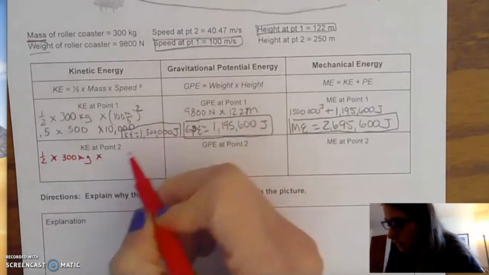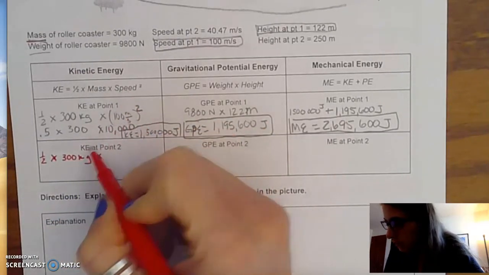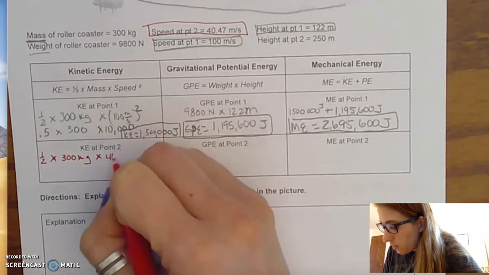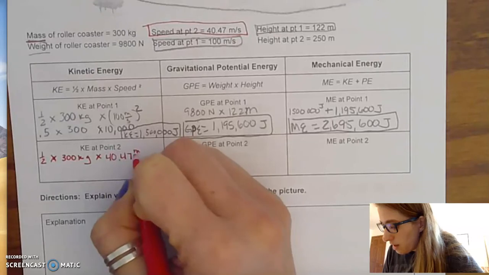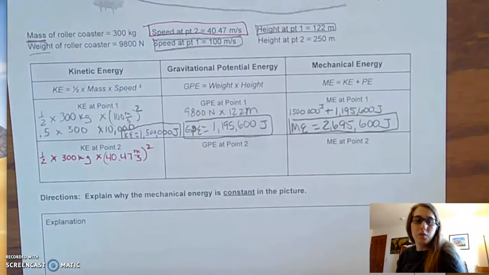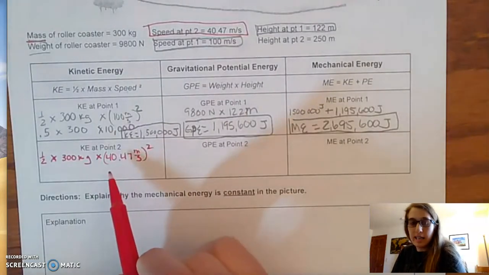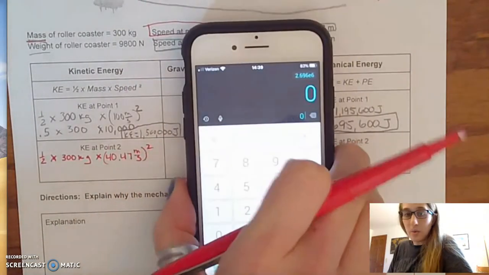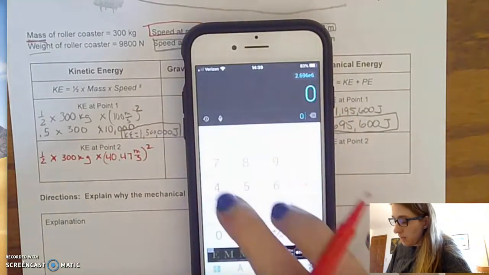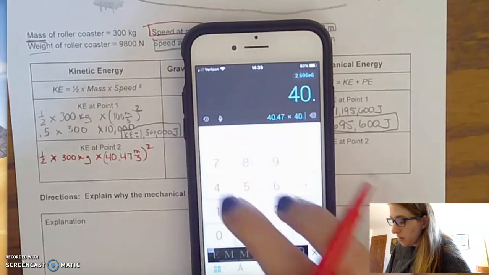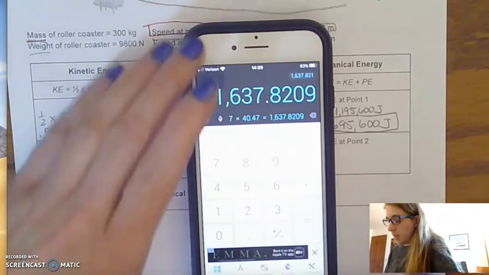The only thing that's changed is my speed at point 2, which is 40.47 meters per second, and I need to square that. So again, order of operations, I need to times 40.47 by itself, since that's how we square things. So I take 40.47 times 40.47.